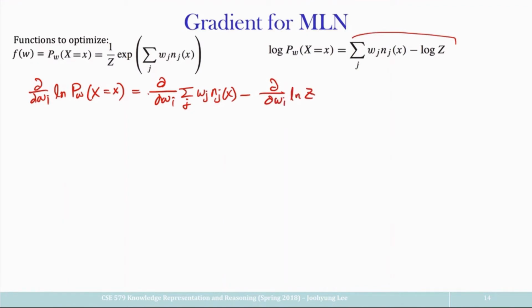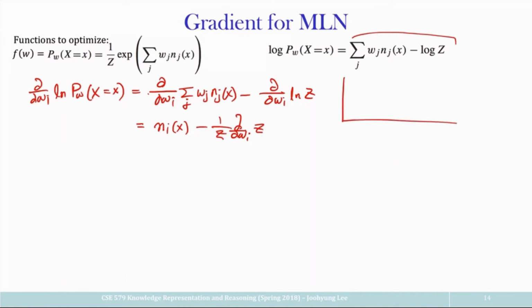Okay, and the first term is actually simple. This is the sum of W1 n1 plus W2 n2, W3 n3. But we are differentiating with respect to Wi, so this will give only the coefficient of Wi, which is ni(x). Okay, and the next one is the derivative of the log, which will give 1 over Z, and then the derivative of Z. Okay, good. Now what is this Z?